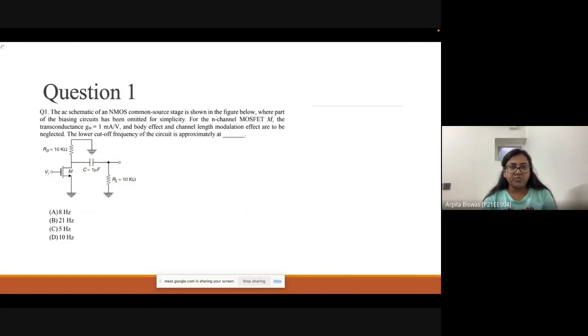The lower cutoff frequency of the circuit is approximately: option A is 8 hertz, option B is 21 hertz, option C is 5 hertz, and option D is 10 hertz.